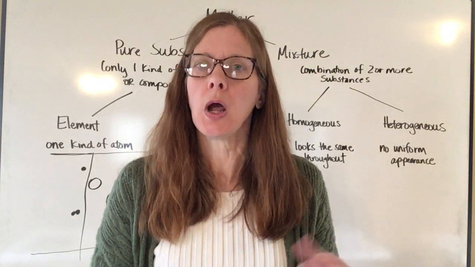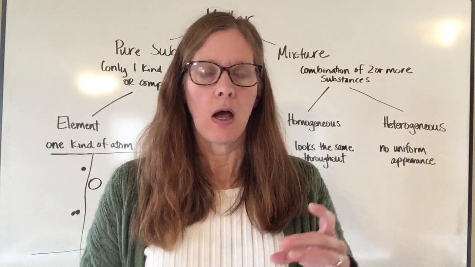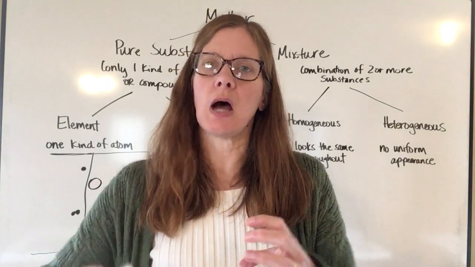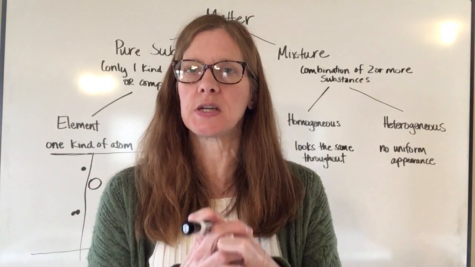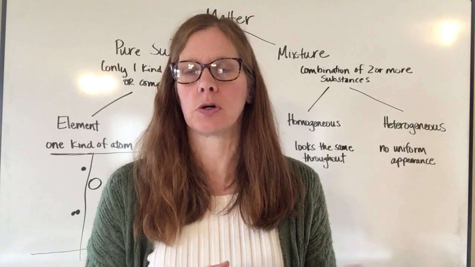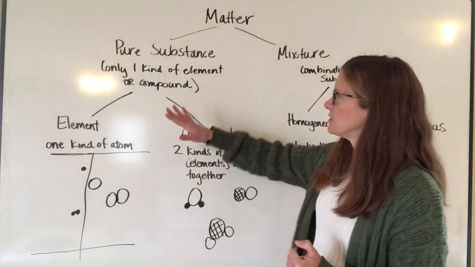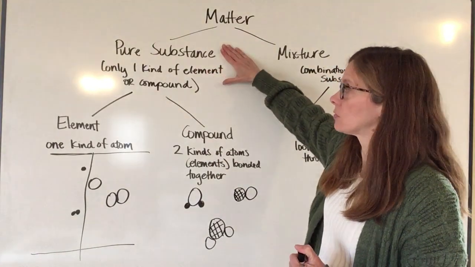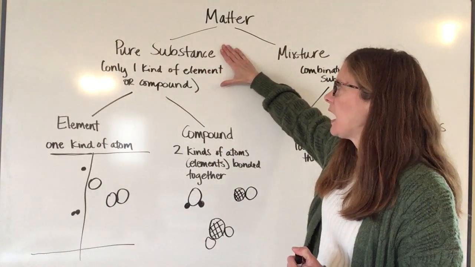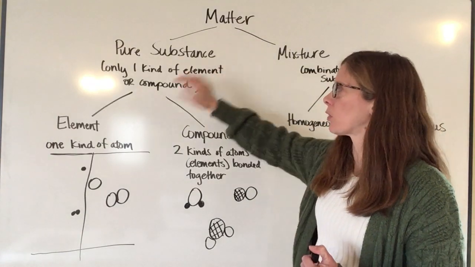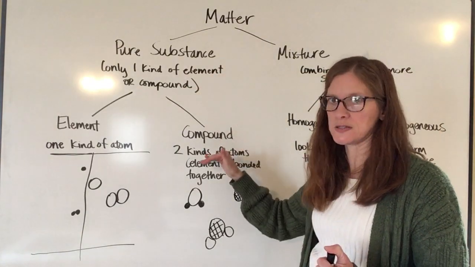Table sugar has got a whole bunch of carbons and hydrogens and oxygens all bonded together, all stuck together to make a molecule. So table sugar is an example of a compound. Okay, but those are classified as pure substances, and I only have one kind of element or one kind of compound present.